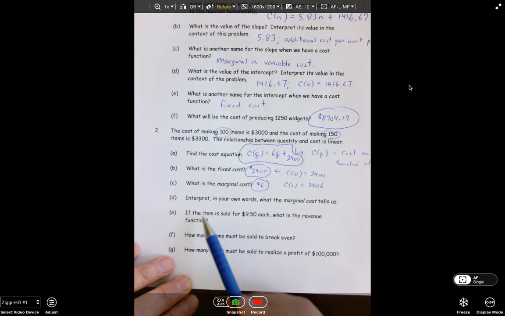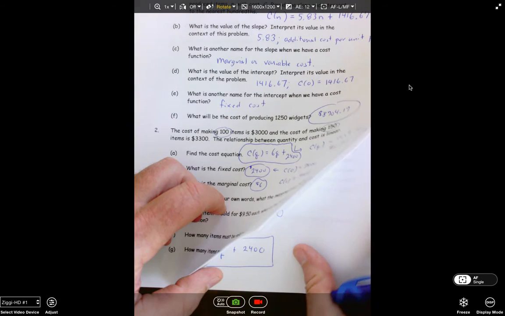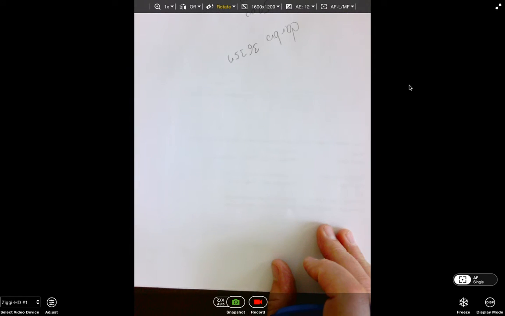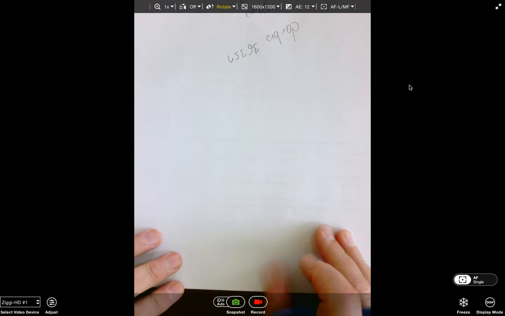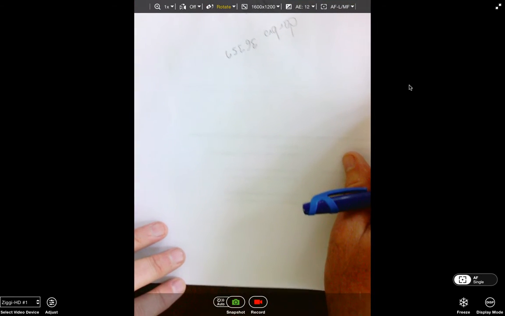Now, part E, if the item is sold for $9.50, what's the revenue function? Well, guys, we run into revenue function a lot in this class. And revenue function is actually one of the easier things. Well, I've run out of paper. It's one of the easier things.